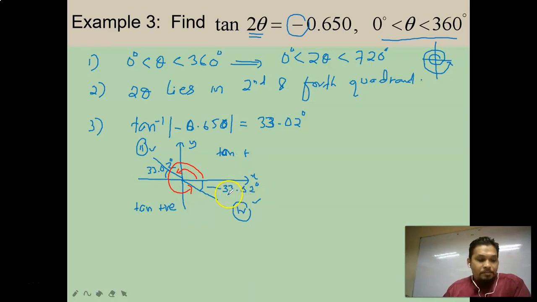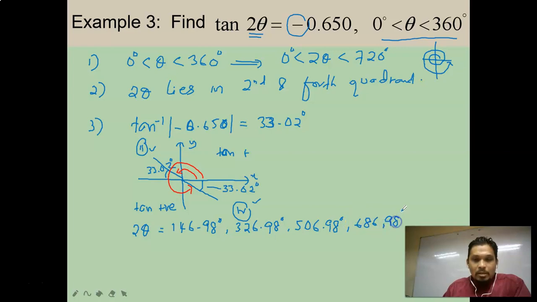Now let's find out for this one here, 2 theta equal to 146.98 degree, 326.98 degree, 506.98 degree, and 686.98 degree.